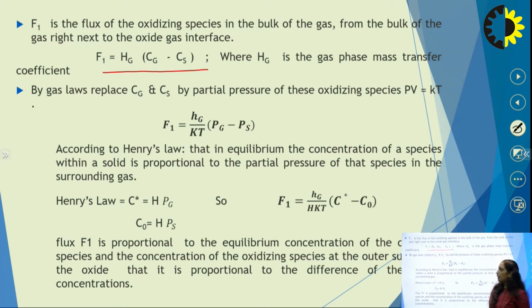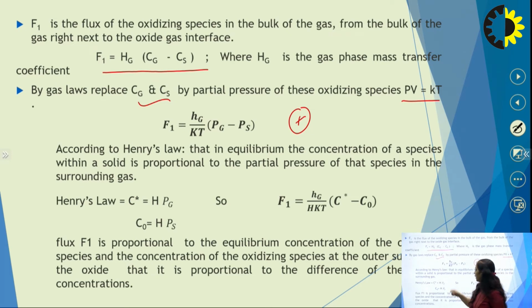By the gas law, we can replace Cg and Cs by the partial pressures of these oxidizing species using the formula PV equals KT. So we can write F1 equal to Hg divided by KT, times (Pg minus Ps). We name this as equation 1.